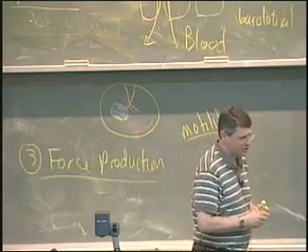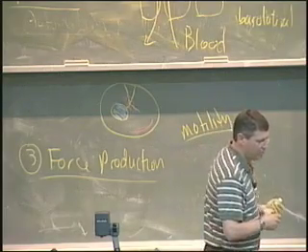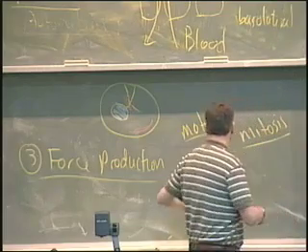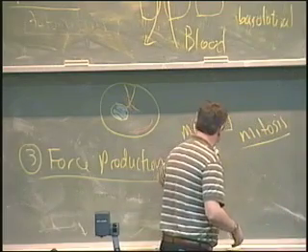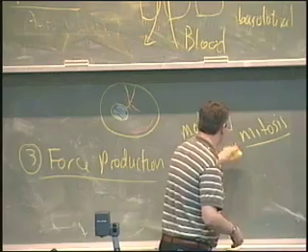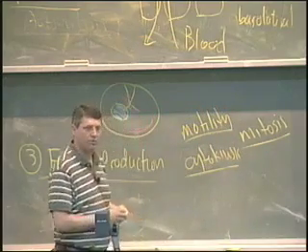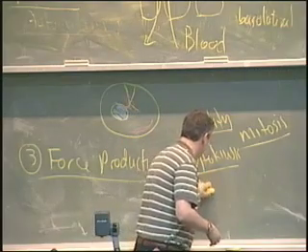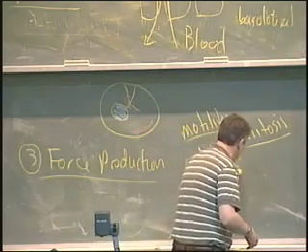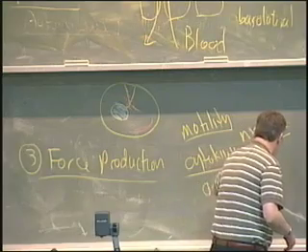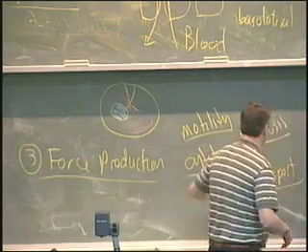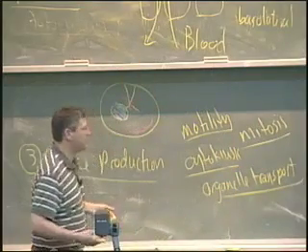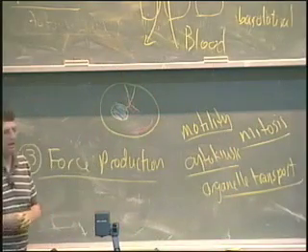The force production is important for mitosis, for separating chromosomes, for cytokinesis, and then for transport of organelles, moving organelles around within cells, so organelle transport. So to understand these three features of cells, we have to understand the underlying cytoskeleton.